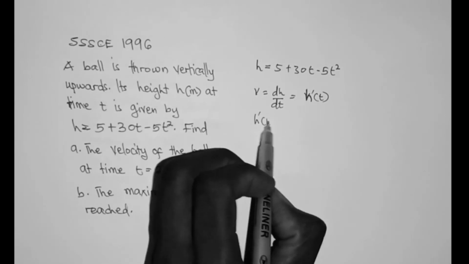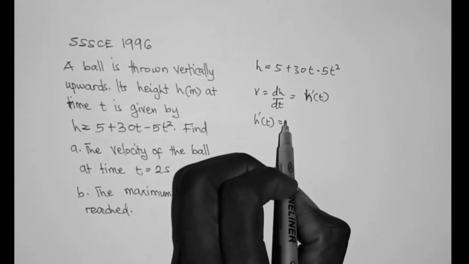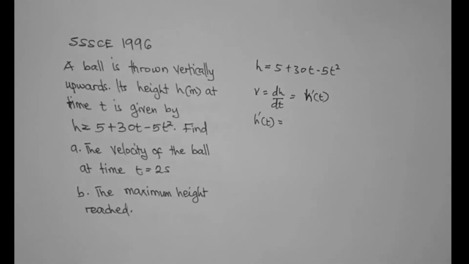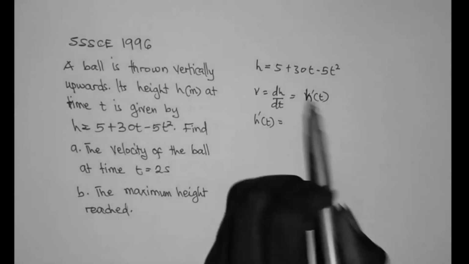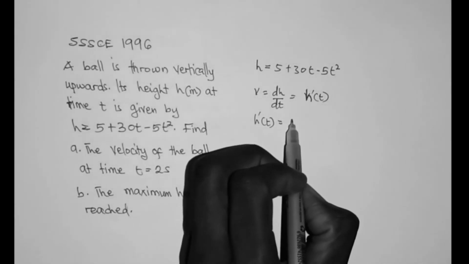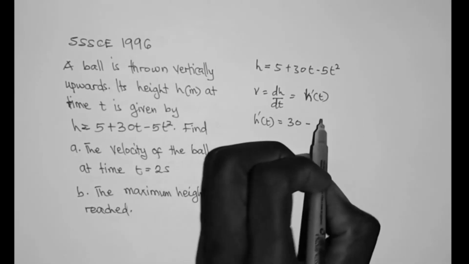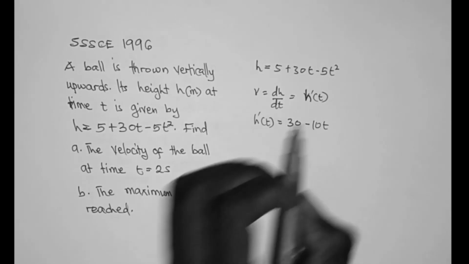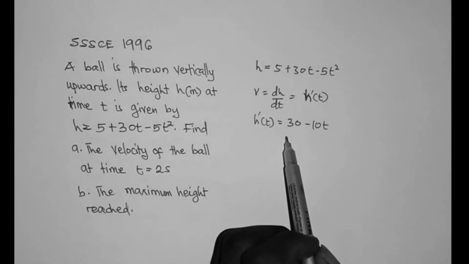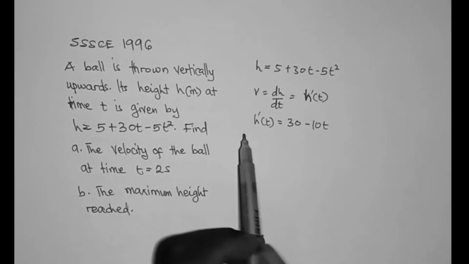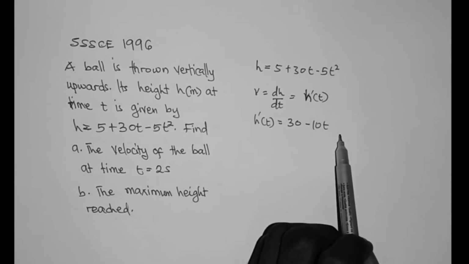What is h prime of t? If you differentiate 5, you get 0. And if you differentiate 30t, you will get 30, minus, if you differentiate 5t squared, it is 10t. So h prime of t, the velocity of the ball, is 30 minus 10t.